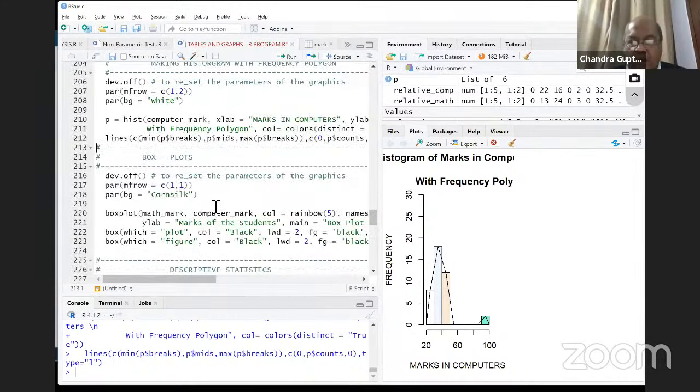Okay, so you can make graphs easily. Bar plot, box plot, pie, and histogram with normality. All those things can be done easily. Okay.